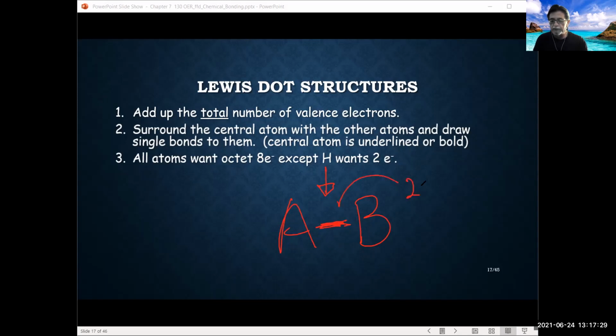There are 2 electrons being shared between A and B, okay? Those 2 electrons can count for both B and A when we start counting the electrons and making sure that there are 8 around the atoms. So for any bond, whoever is sharing that bond, those 2 electrons can count for both of those atoms when we do the counting to make sure that the octet is fulfilled. You'll see this a little bit clearer as we do some more examples, okay?